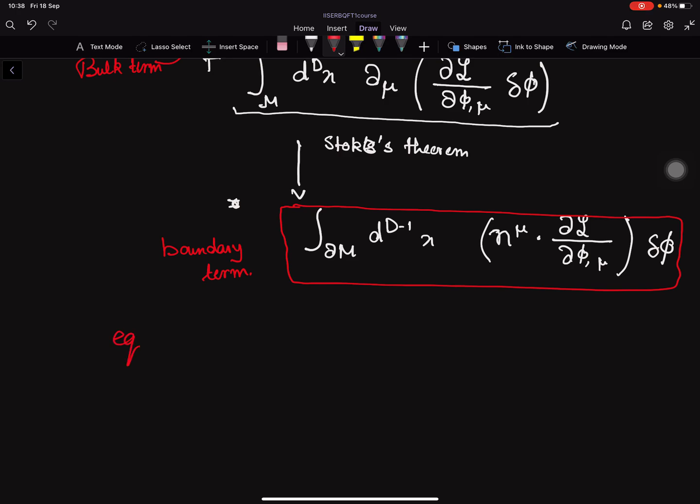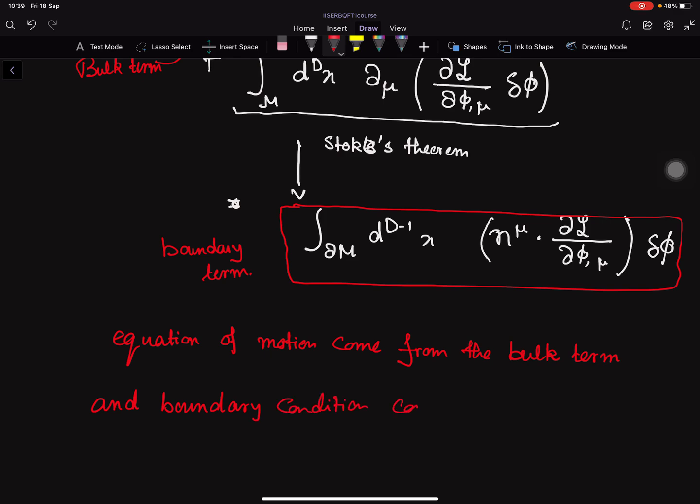The equation of motion comes from the bulk term, and the boundary condition comes from the boundary term.